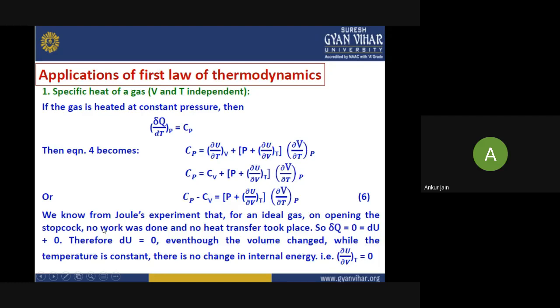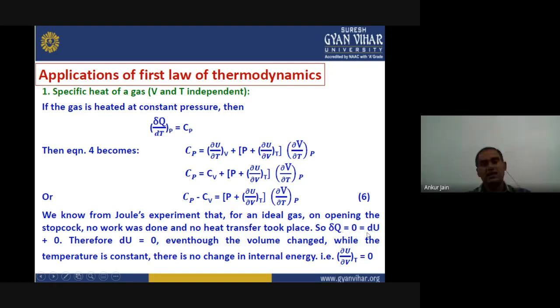And according to that, if we consider this and this, what will happen? Del Q is 0, no heat transfer took place, equals dU plus 0, because dW is also 0. So according to the first law of thermodynamics, we can write dQ equals 0, that equals dU plus dW. So in place of dW, it will be again 0.